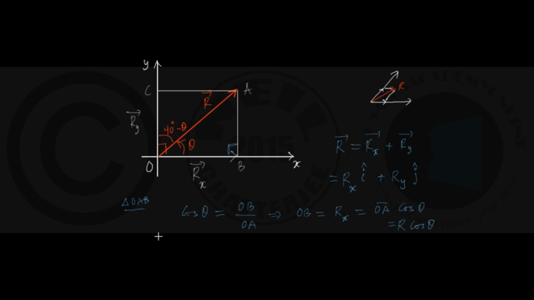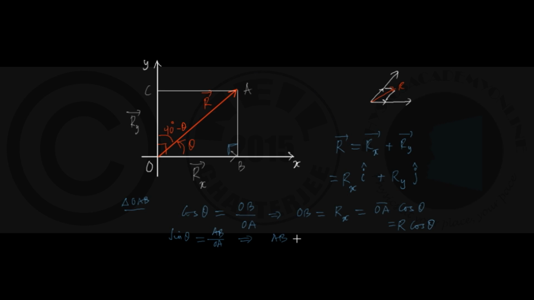And if I apply the case of sine theta in the same triangle, that is perpendicular AB, that is opposite, by hypotenuse OA, which gives me AB.